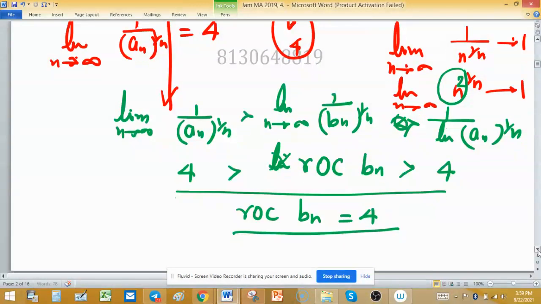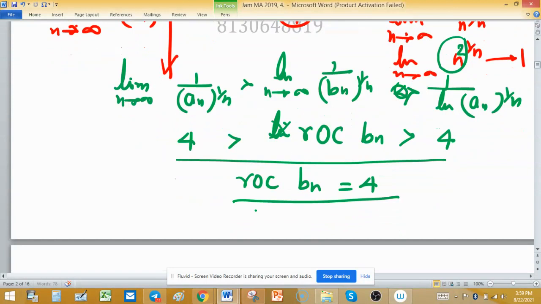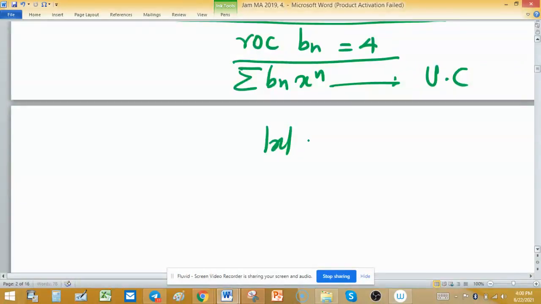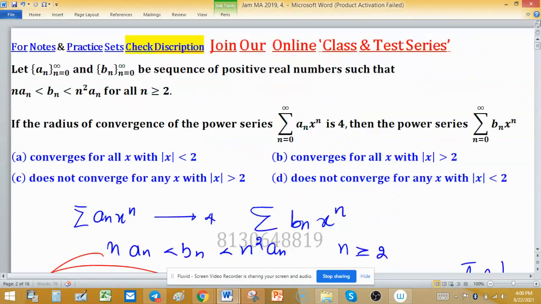So this series, summation Bn x raised to the power n, is uniformly convergent, and this will converge for all mod x less than 4.